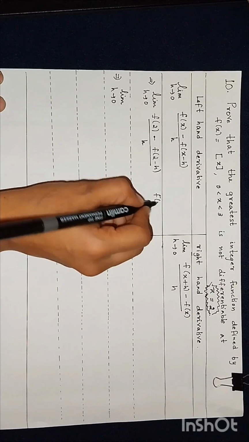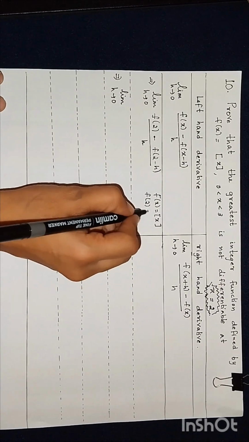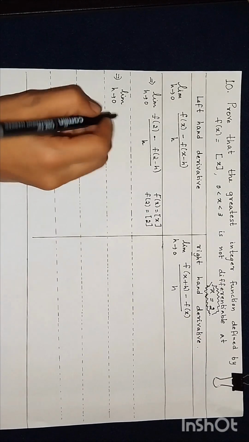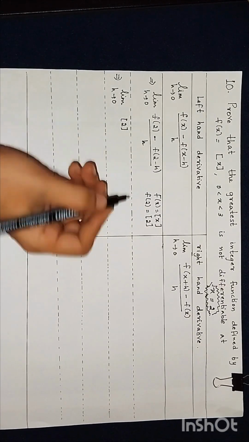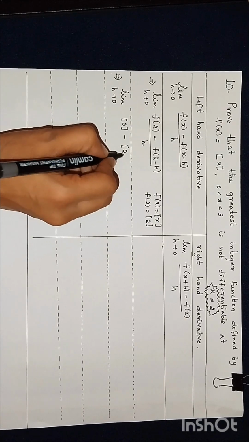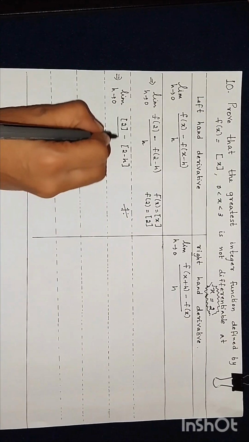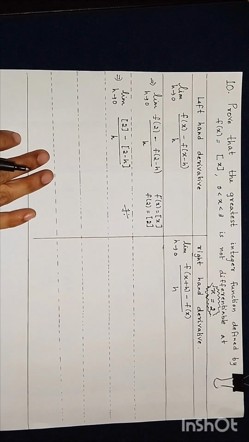We know f of x is equal to the greatest integer of x. So f of 2 will be the greatest integer function of 2, minus, similarly, we will write this as 2 minus h. This is the important step, divided by h.